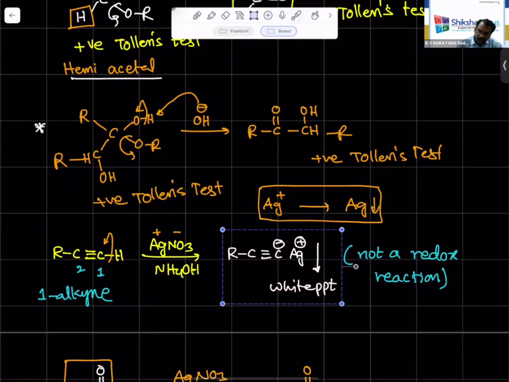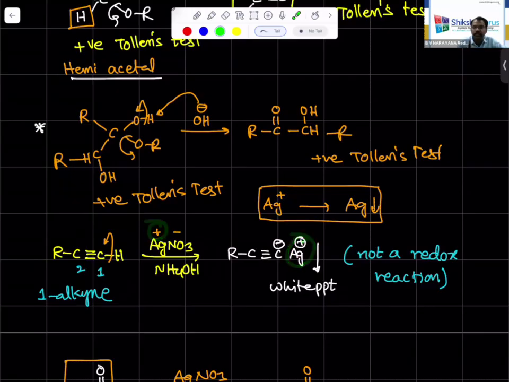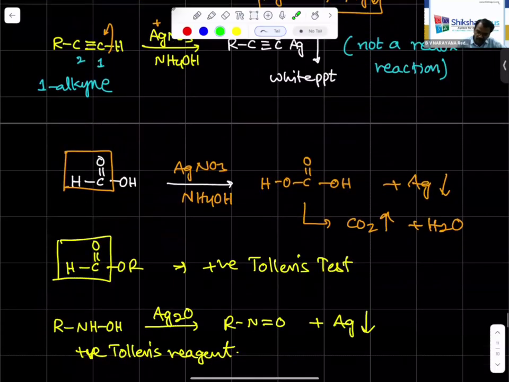This is silver alkynide, but observe very carefully: silver oxidation state is +1 and remains +1. Meaning there is a reaction, but no redox reaction. Meaning a 1-alkyne does not reduce Tollens reagent. Next, formic acid, formic acid esters, and NHOH compounds are also positive towards Tollens reagent.